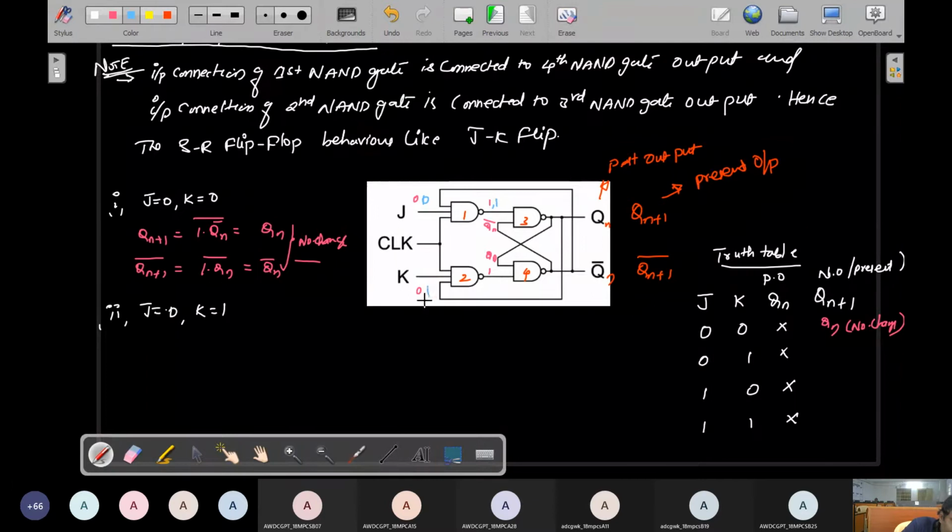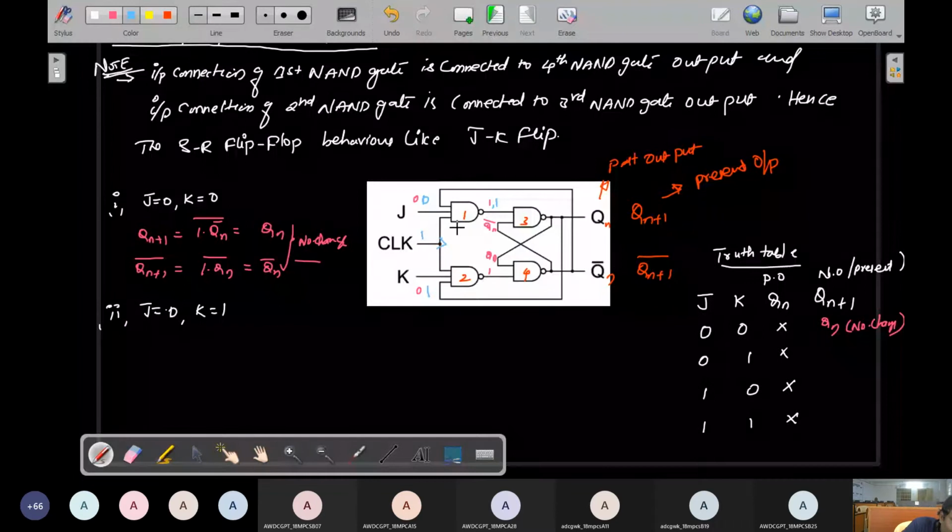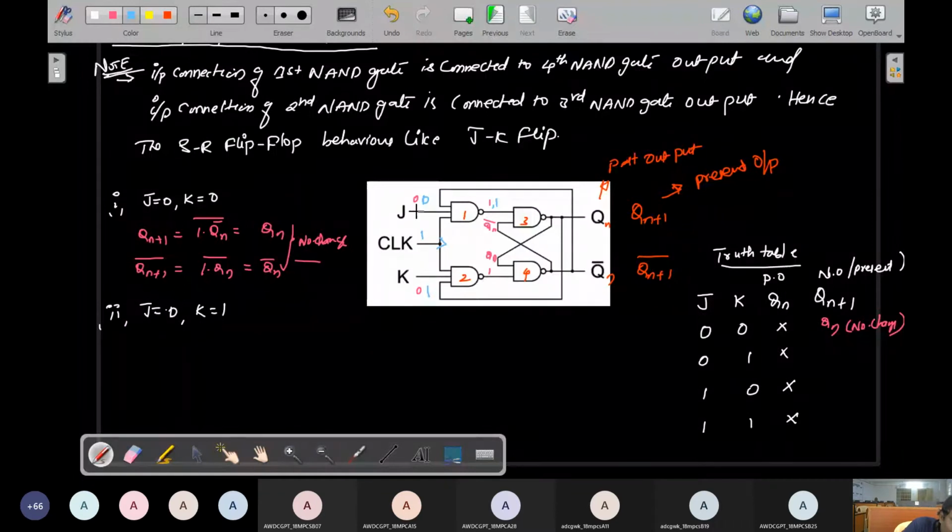The clock pulse is always considered to be high, so the clock pulse is always 1, and K is given 1. So 1 into 1, and J is 0, so 0 plus 0, and you will get this also as 1 only.